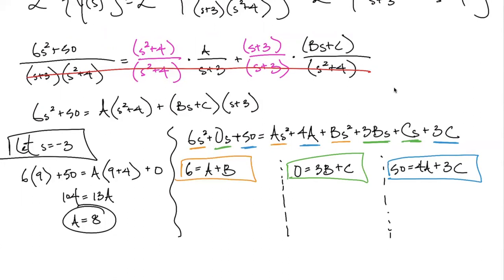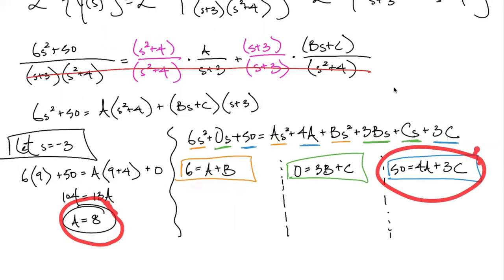And you can move through this any way you want to, right? There's a lot of options here. So for example, one option might be, I know my A, if I plug in A here, I'm going to find my B. Another option might be, I know my A, so I'm going to plug it into the blue equation and find C first.